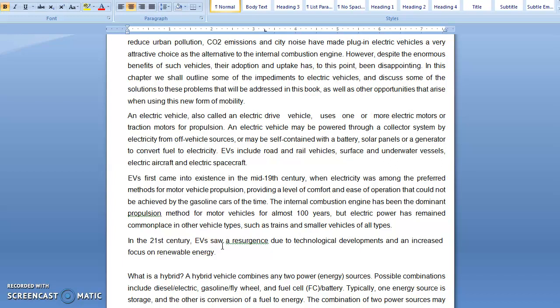During the last few decades, the environmental impact of the petroleum-based transportation infrastructure, along with peak oil, has led to renewed interest in electrical transportation infrastructure.